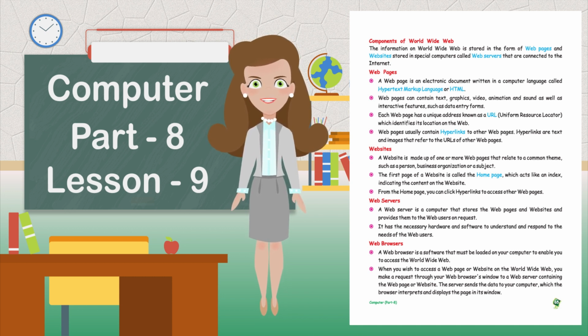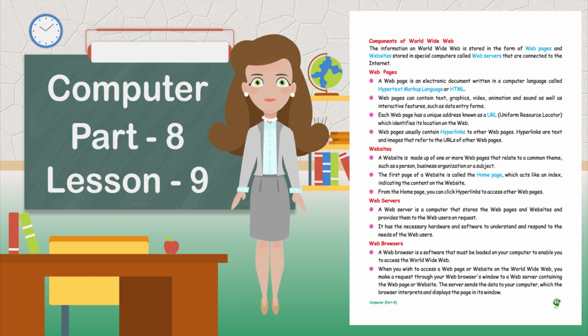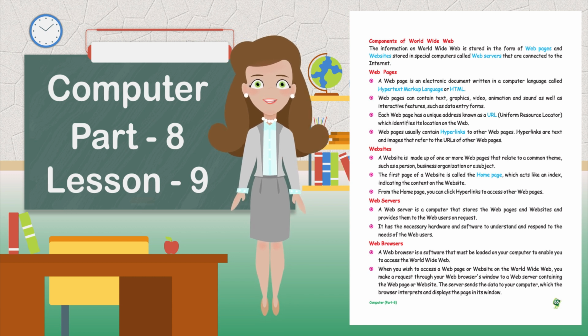Web browsers. A web browser is the software that must be loaded on your computer to enable you to access the World Wide Web. When you wish to access a web page or website on the World Wide Web, you make a request through your web browser's window to a web server containing the web page or website.